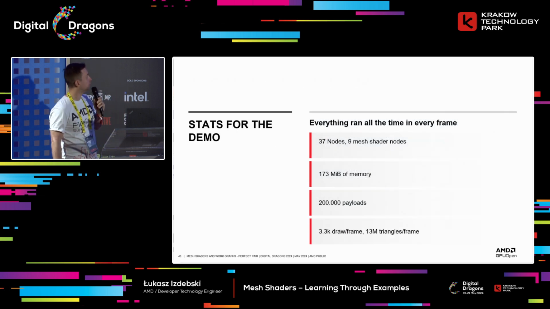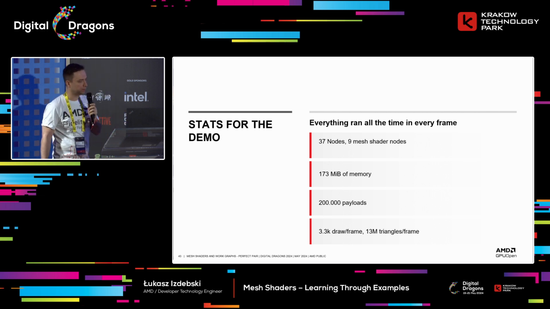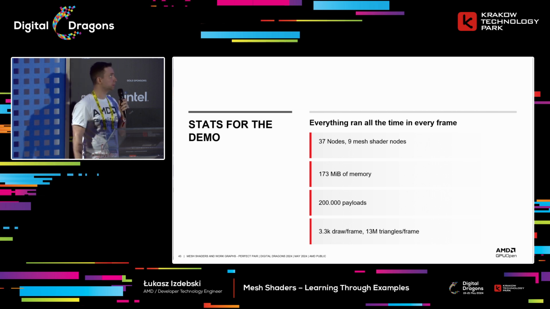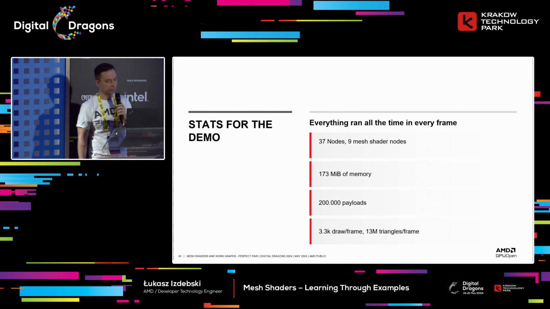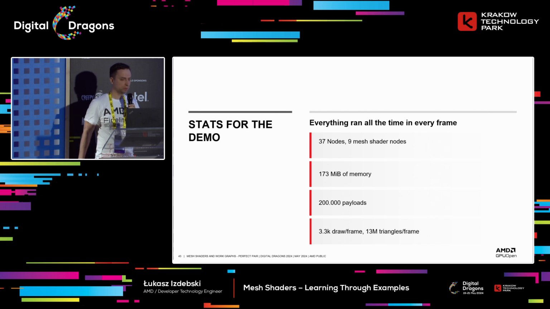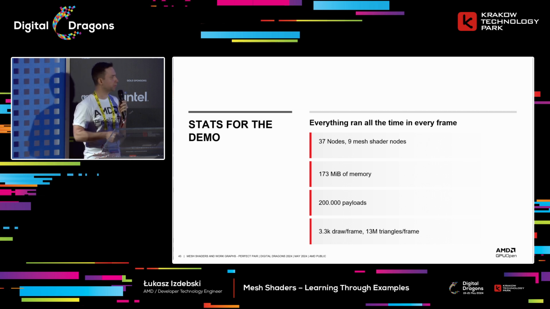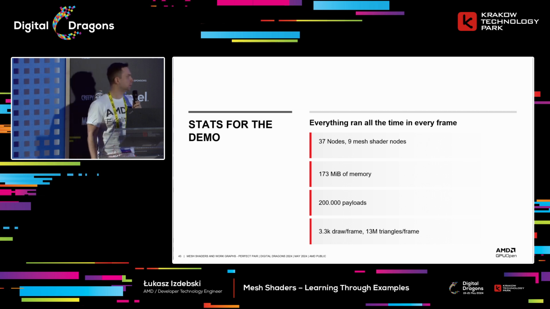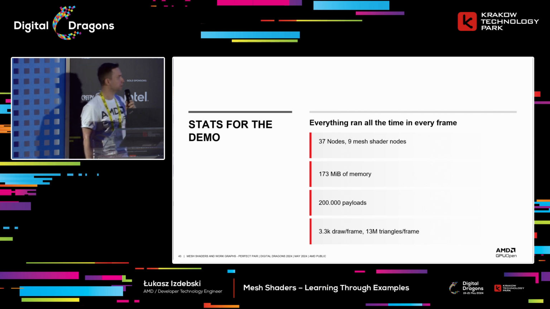Okay, a little bit of stats about the demo we created. It contains 37 nodes, 9 of them mesh shaders. We use approximately 170 megabytes of memory, and the number of payloads was around 200,000. You can think of it as over 2,000 draw calls per frame, containing about 30 million triangles per frame.